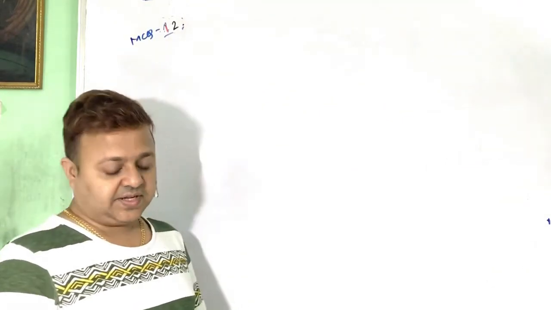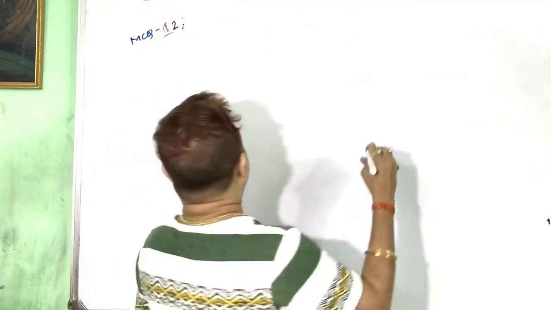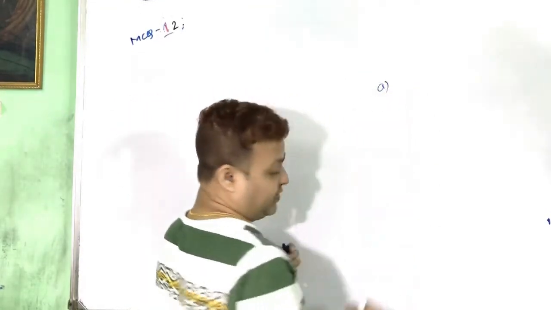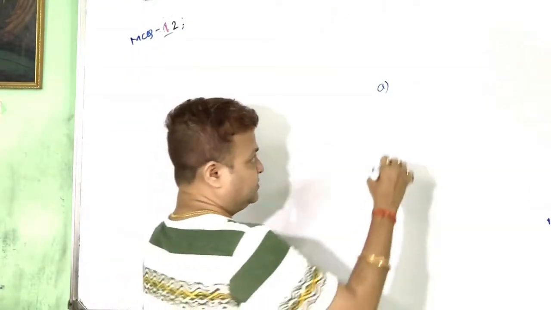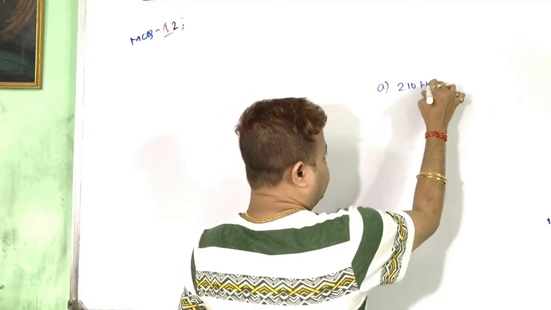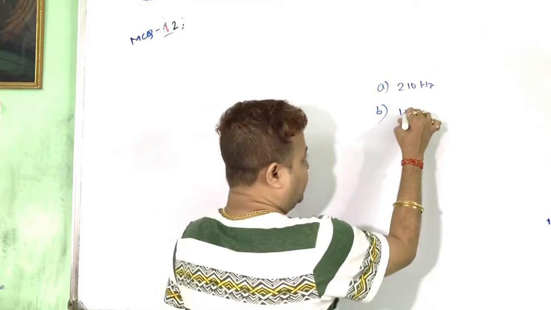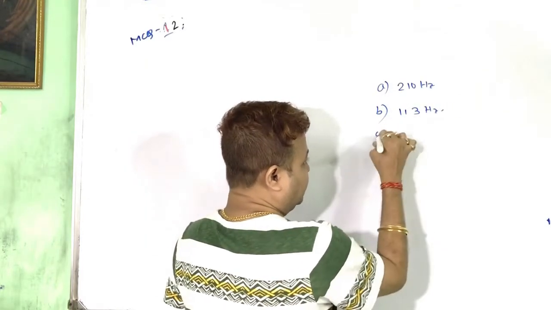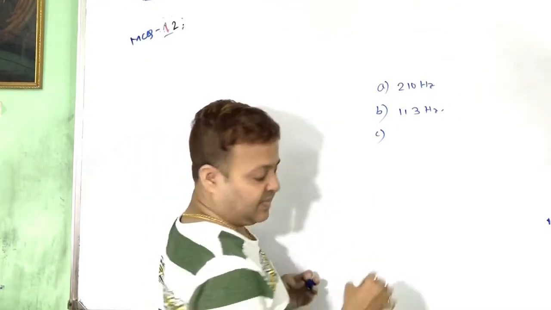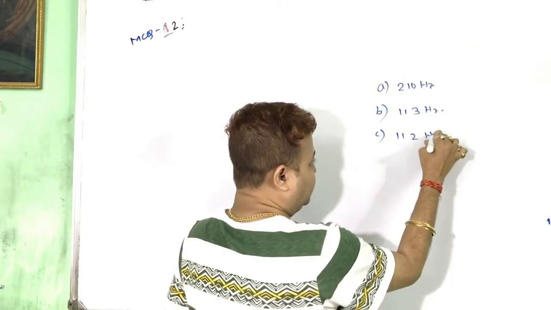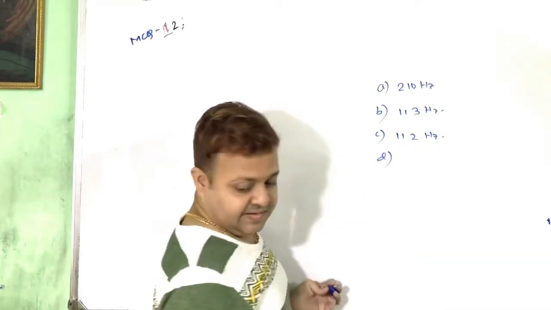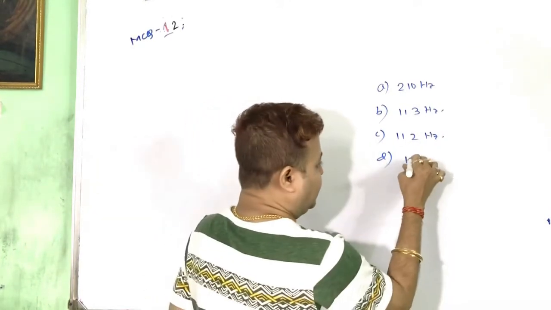Find the frequency of the tuning fork. Option A 210 Hz, B 113 Hz, C 112 Hz, and D 110 Hz.